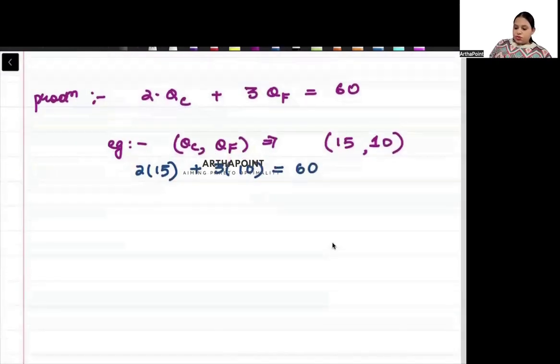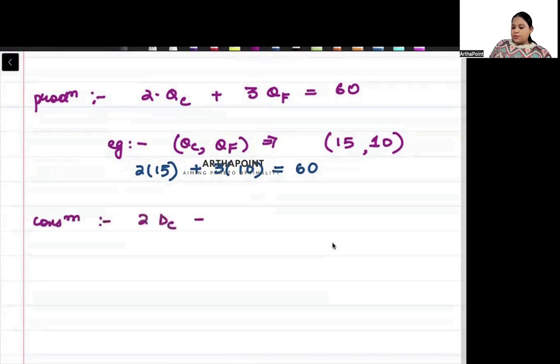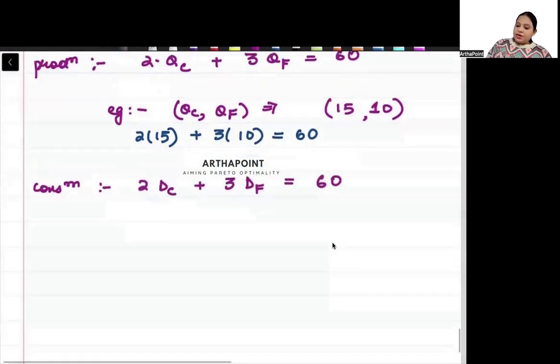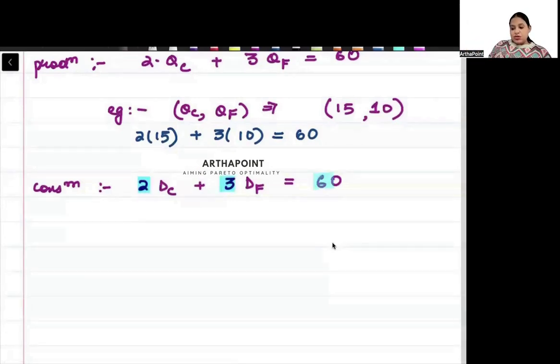Now let's talk about consumption. 2 DC plus 3 DF, value is 60. But consumption can be different. Meaning, the consumer is facing the same price, value is the same, but the bundle can be different. So my consumption bundle can be, let's say, this.